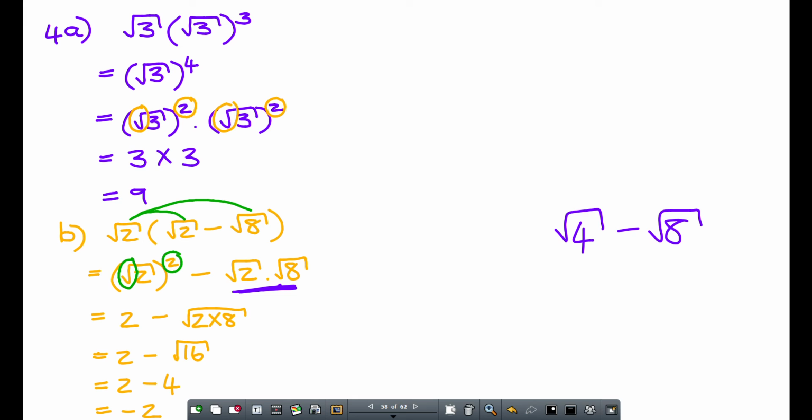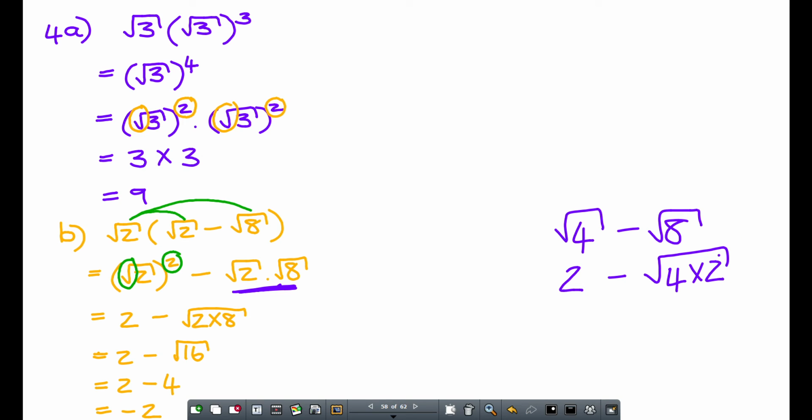Yes. Then the square root of 4 will become 2. But that 8 I couldn't get, so that I'm going to change. I could actually have changed this 8 already, 4 times 2. Okay, are you still with me?